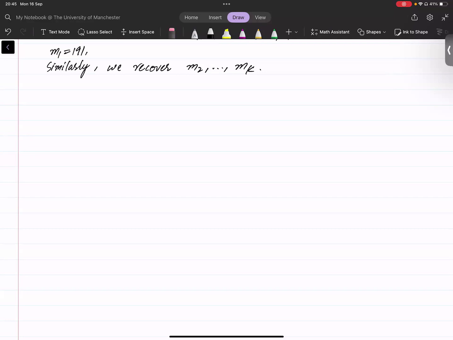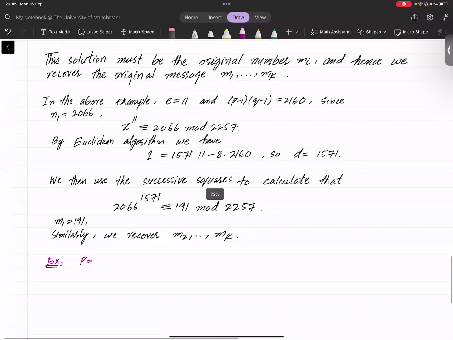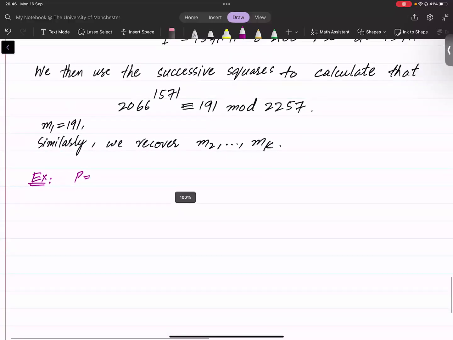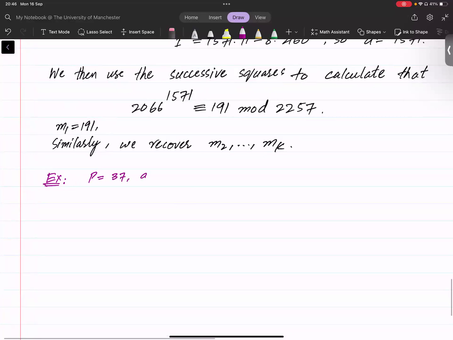Now let's decode a new message, still keeping the above values of P, Q and E. Let's say this is an example. P is 37, Q is 61, N is 2257, E is 11.